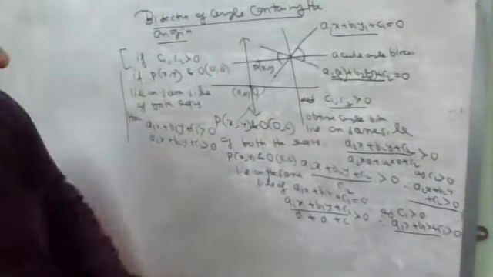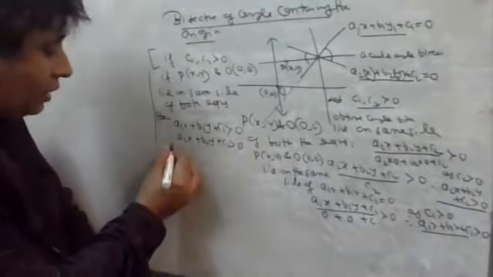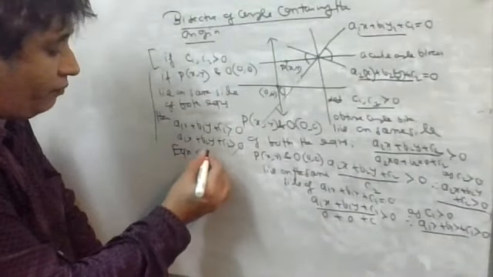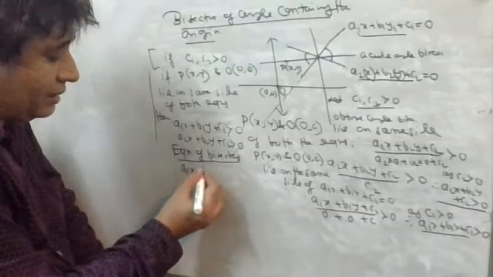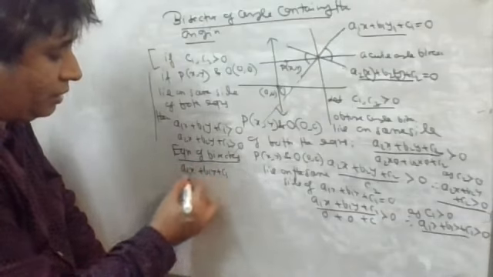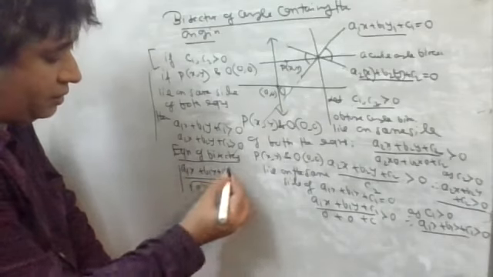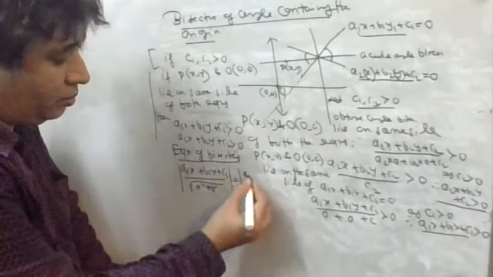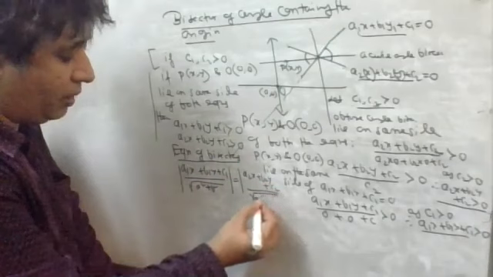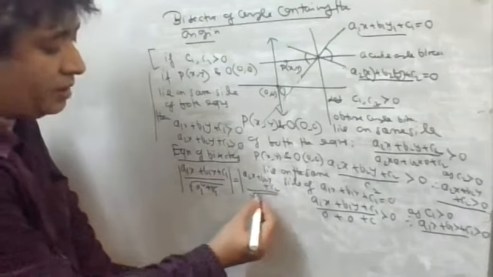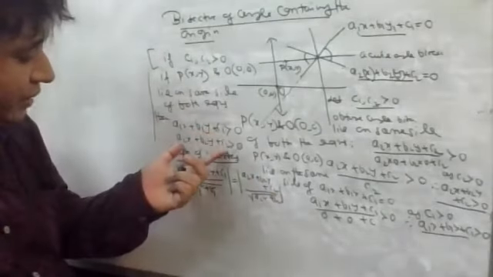Now, the equation of the bisector you got a few minutes back. Equation of the bisectors: A1x + B1y + C1 by root over A1 square plus B1 square, mod, is equal to A2x + B2y + C2 by root over A2 square plus B2 square, mod.